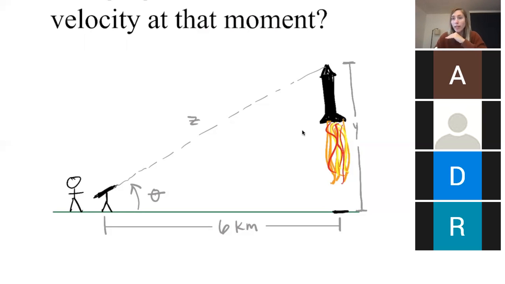as the rocket's launched, if you were to start a stopwatch, time's passing, the rocket would be going into the air, so its height off the ground would be increasing. The distance between the telescope and the rocket would be increasing, and the angle between the ground and the telescope would also be increasing.